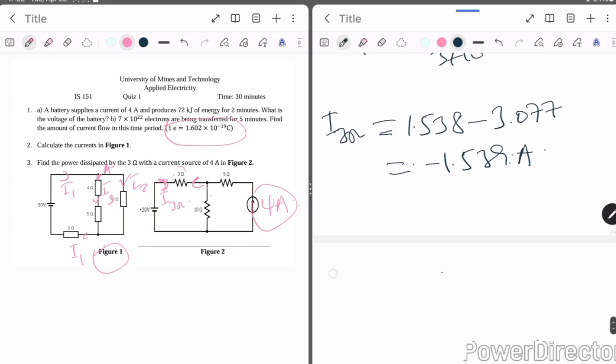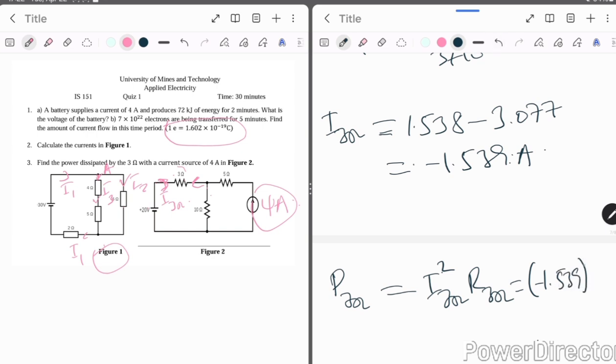So we have our current now. The power is going to be equal to 1.539 squared times 3.